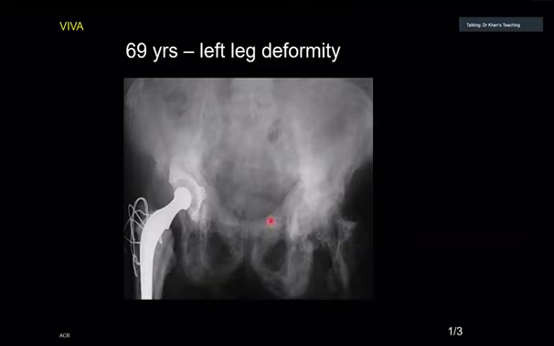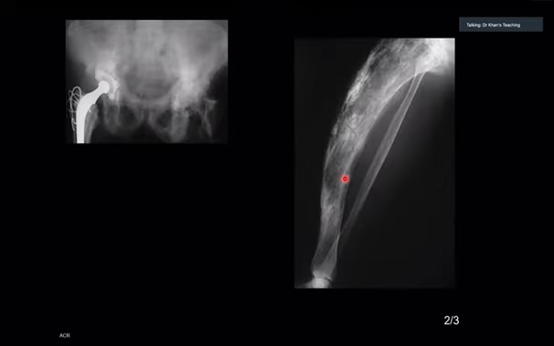Whole of the trabeculae, etc., are thickened. There is expansion, if you see carefully, though maybe the film is not of very good quality. But in this particular case, diffuse involvement of more than 60% of the skeleton was present.